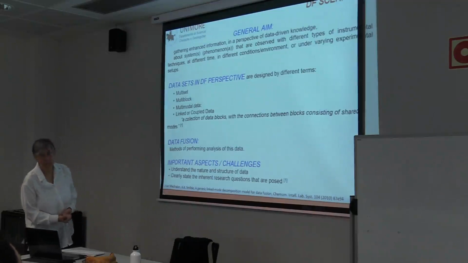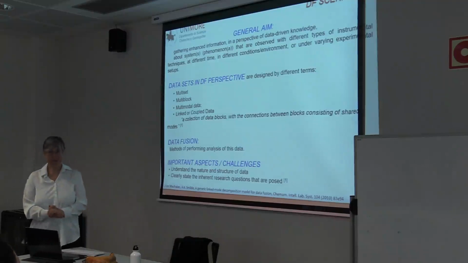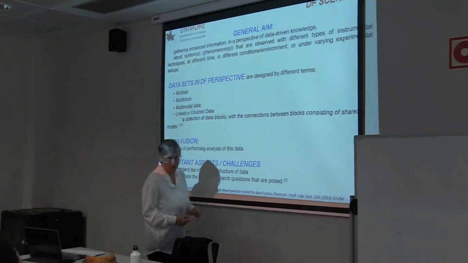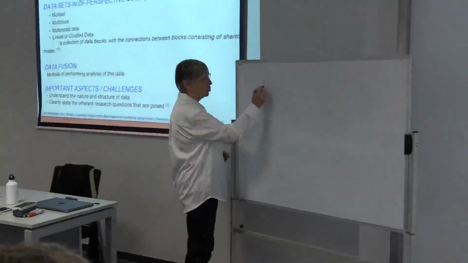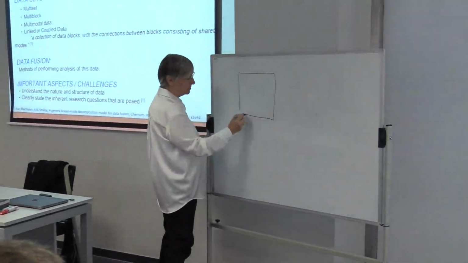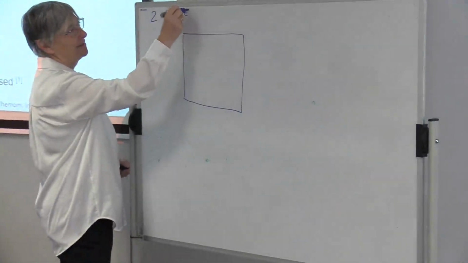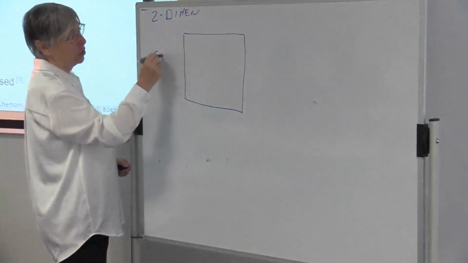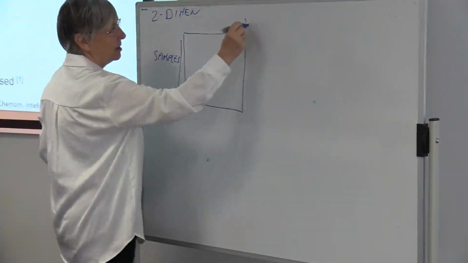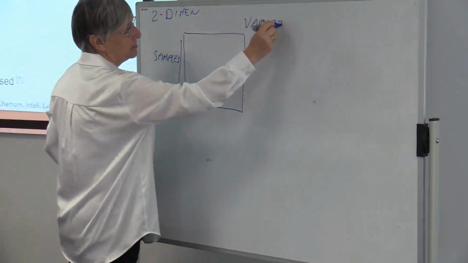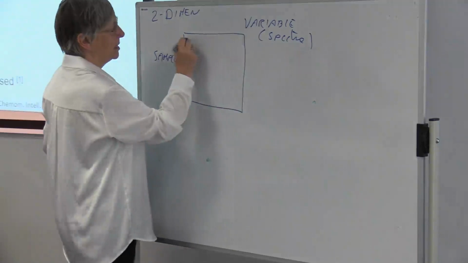What does mode mean in this context? Okay, mode in this context means the dimension of your data set. So we are usually happy to have two-dimensional data, where we usually put the samples in this direction, and the variables or spectra in this direction.